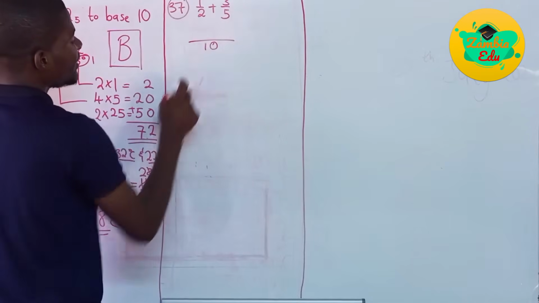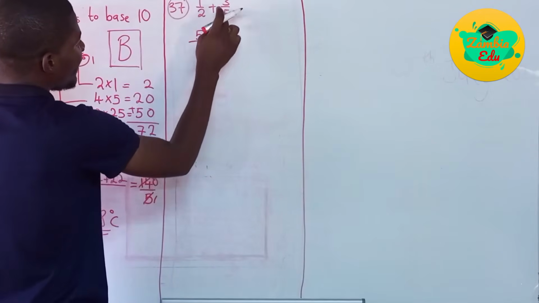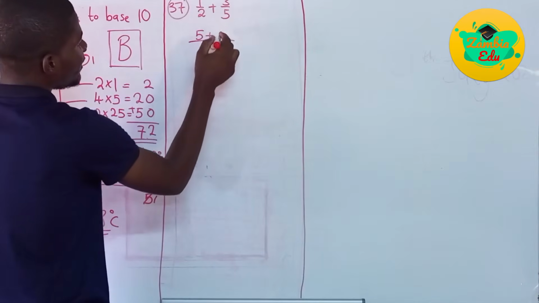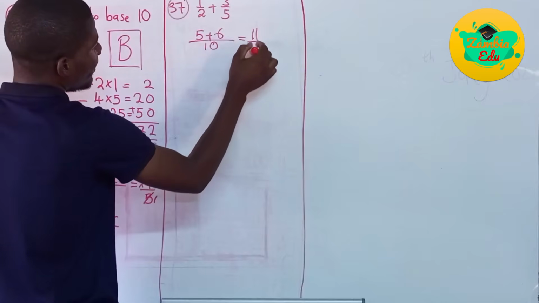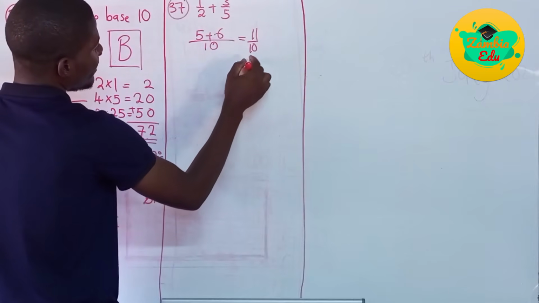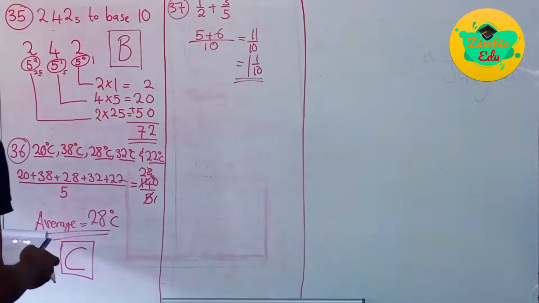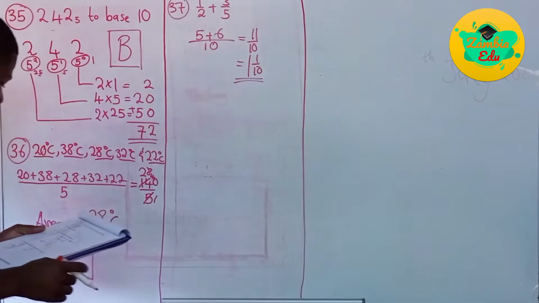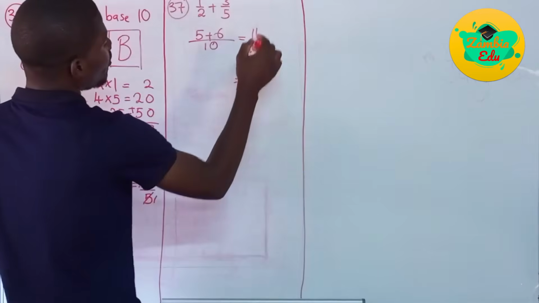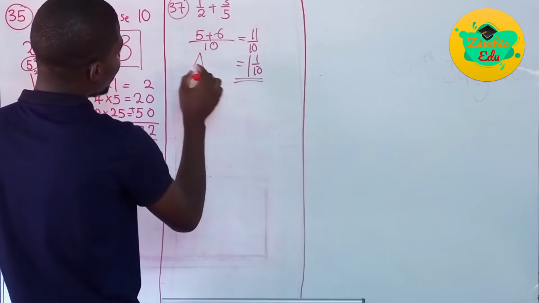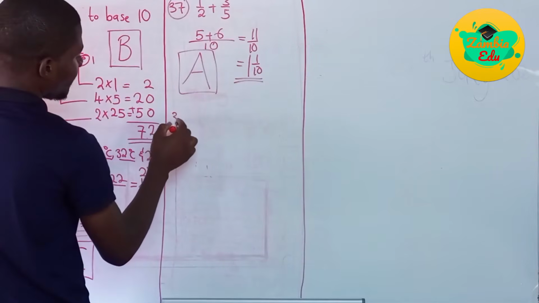So 2 into 10 is 5, 5 times 1 is still 5, plus 5 into 10 is 2, 2 times 3 is 6. So 5 plus 6 is 11 over 10. So 11 over 10 gives us 1 and 1 over 10, and that becomes our answer. When we look at our options, we see that 1 1/10 came as option A. So we know that A was the answer for question 37.